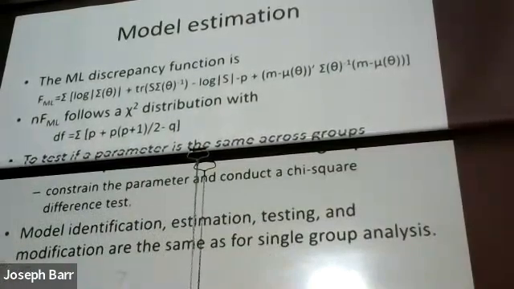Inside the brackets, we have the subscript G, so we have S, and we have M, we also have mu. So for different G, for different groups, we have their specific function. And then we add them together. That is FML for multiple groups, the sum of all FML.